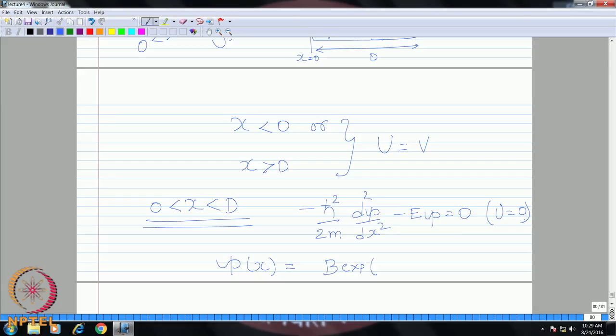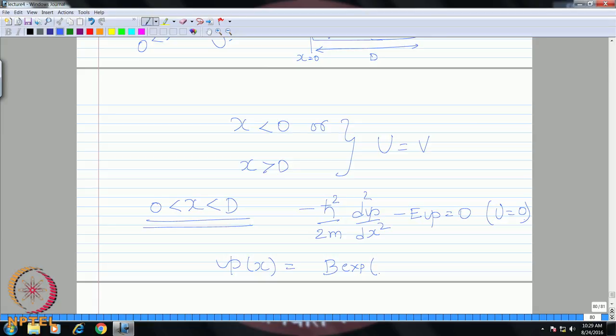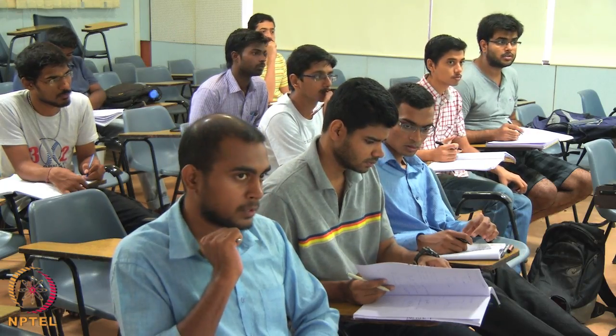You have a right running wave, you have a left running wave. So, right running wave, we have an imaginary number i, right. So, what do you have? Plus ikx or minus ikx for the right running wave? Please check whether it should be minus ikx or plus ikx. Right running wave is minus ikx. Yeah.